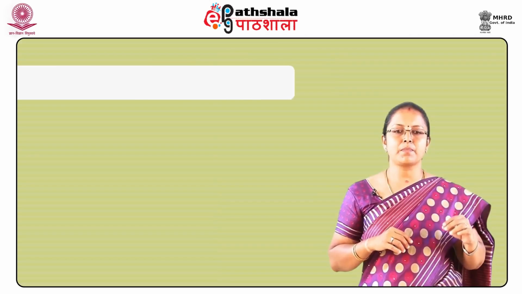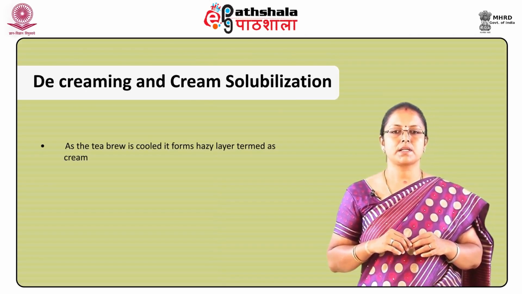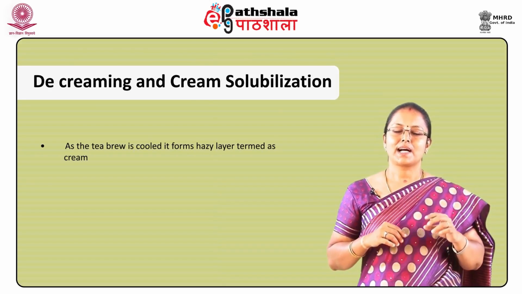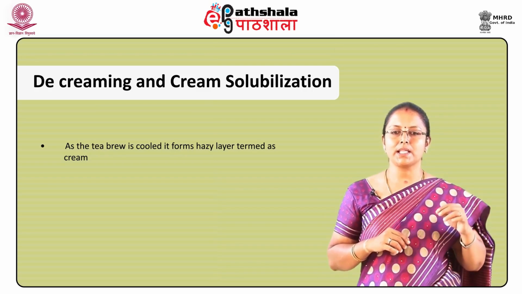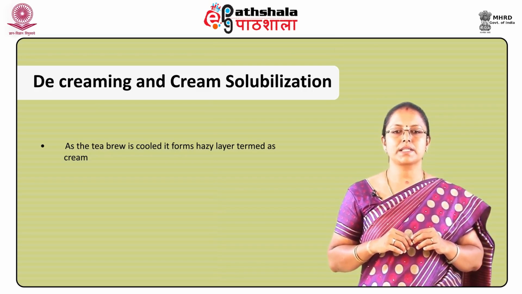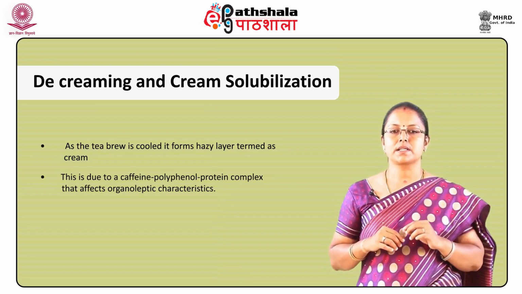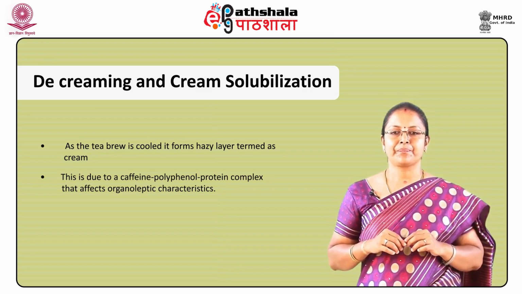losses. On cooling to room temperature, the tea brew forms haze due to a caffeine-polyphenol-protein complex formation, which is technically termed cream. The appearance, quantity, and quality of the cold soluble tea beverages and iced teas are influenced by haze formation.